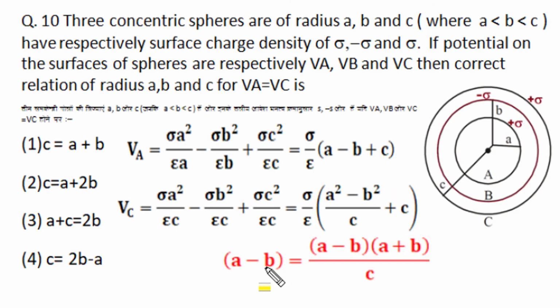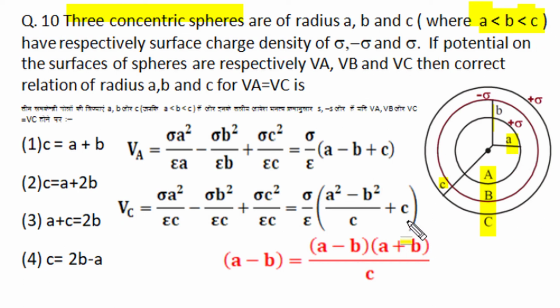We end this learning video with a lengthy and difficult question, but conceptually it is a very sound question. We have three concentric spheres of radius small a, small b and small c, and we call these spheres capital A, capital B and capital C, where radius A is least and radius C is highest.